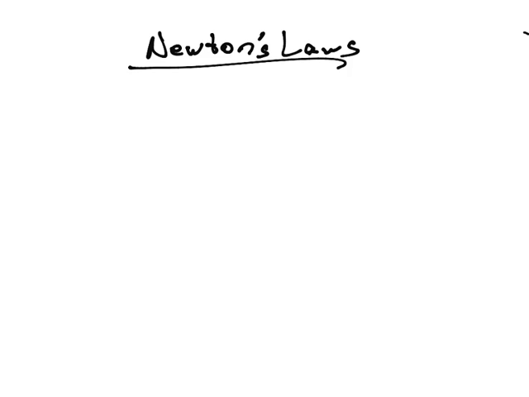But we're not going to go into the other branches of physics he talked about. We're just going to talk about the mechanics, the motion. And basically, we need to discuss 3 laws of motion which he developed.